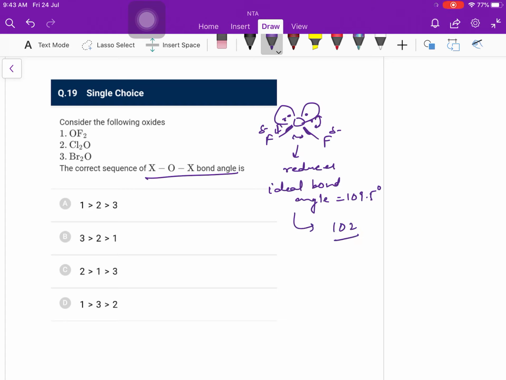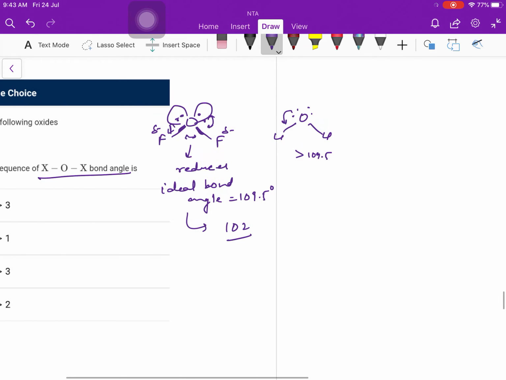Then Cl2O has the same structure. Here the oxygen atom can actually donate some electrons to form a d pi p pi bond. So this has a bond angle greater than 109.5 degree. Also in OBr2 it can show some d pi p pi bond, but not that much.